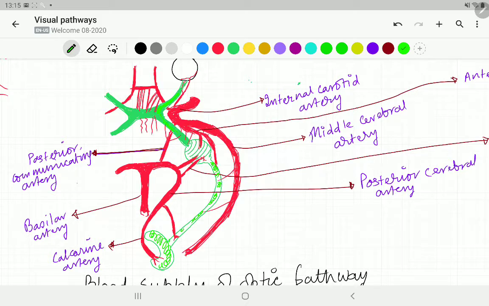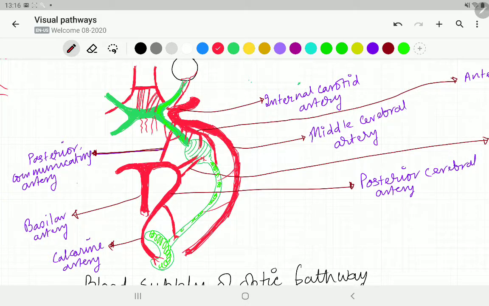The next part is the optic tract. The optic tract receives blood supply mainly from the anterior choroidal artery. This is the anterior choroidal artery. This artery mainly supplies the optic tract, but it also has some minor branches from the posterior communicating artery.